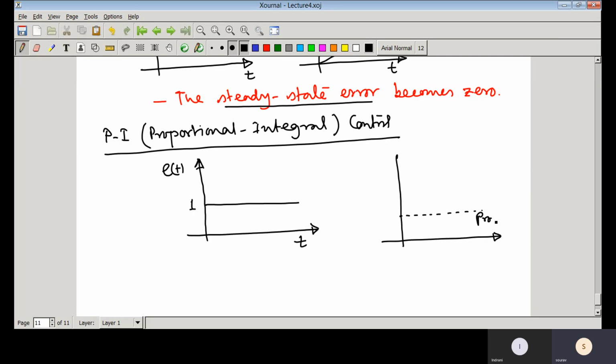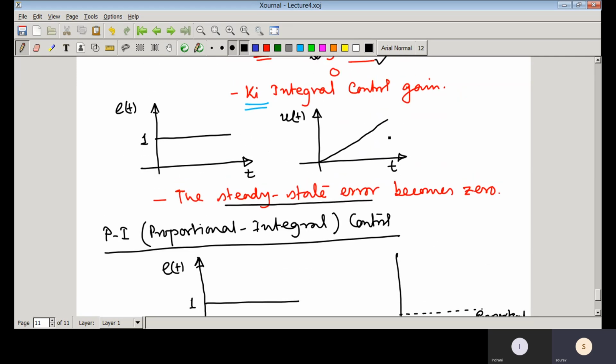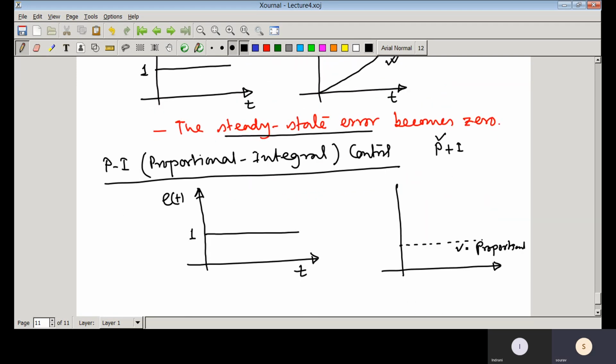So this is actually proportional, and integral part you have seen, integral controller would give this output. So whenever you use PI control, that means P plus I. So proportional will be giving this output, and integral will be giving another output like this. So now as it is P plus I, so the effective output is this one. So this is actually PI output.